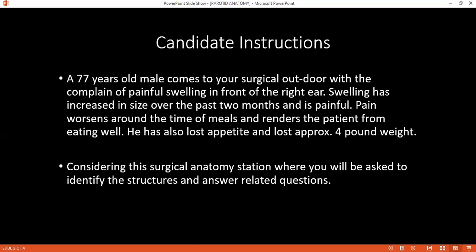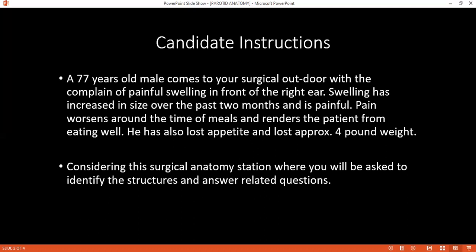What do you know about pleomorphic adenoma? Pleomorphic adenoma is the commonest benign tumor of the parotid gland. It mainly affects the superficial lobe, usually around the age of 40 to 60 years.